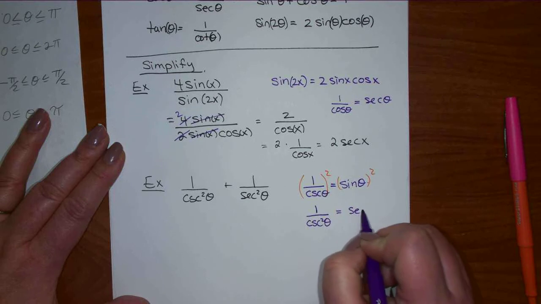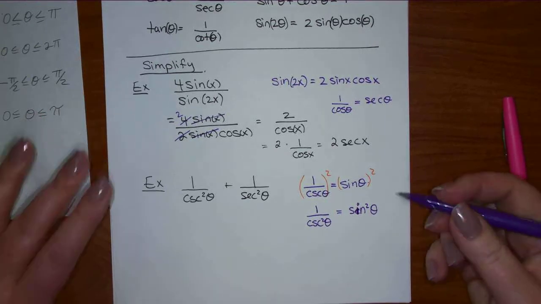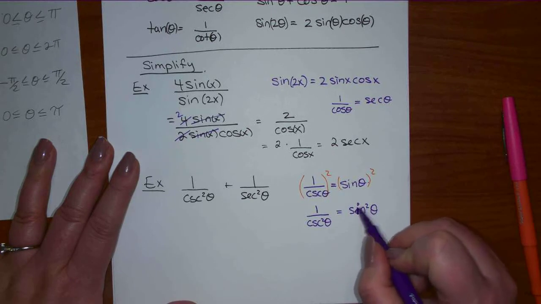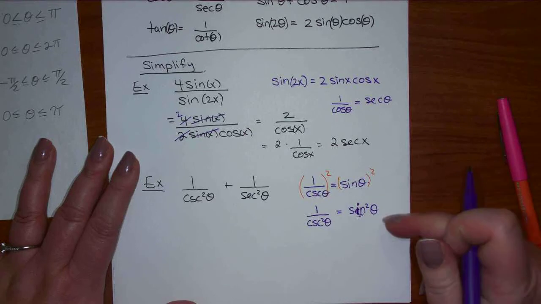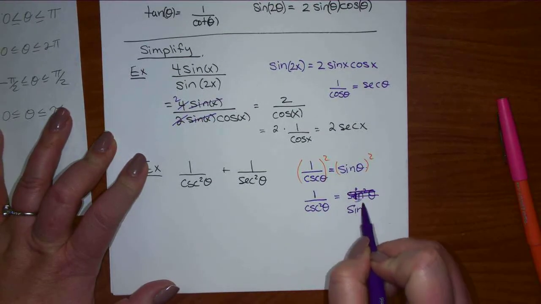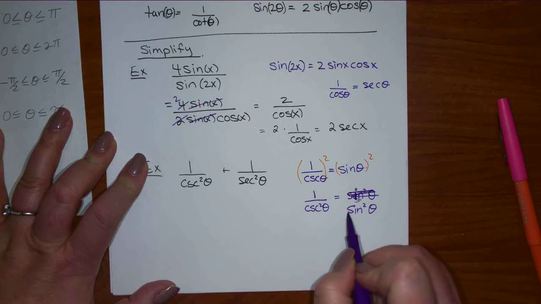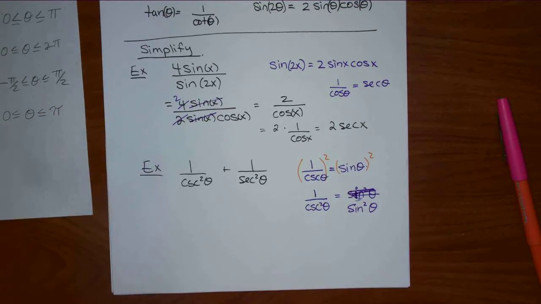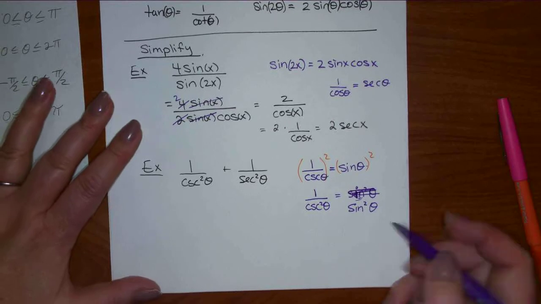And with trig, we usually put the squared between the trig function, the ratio, and that means the whole thing is squared. So saying sine squared of theta is saying the whole thing is squared. Okay, that means the same.